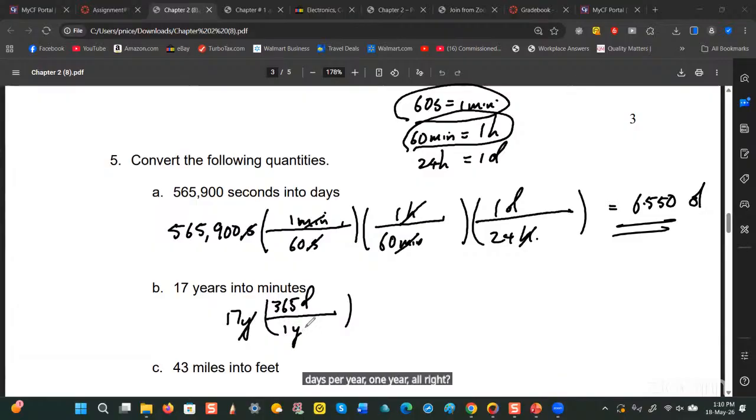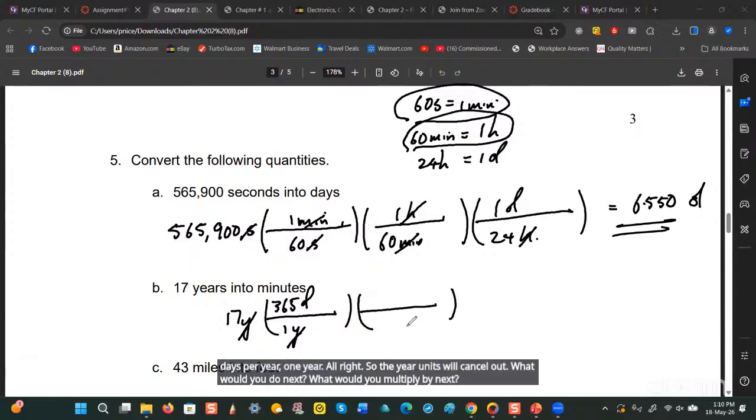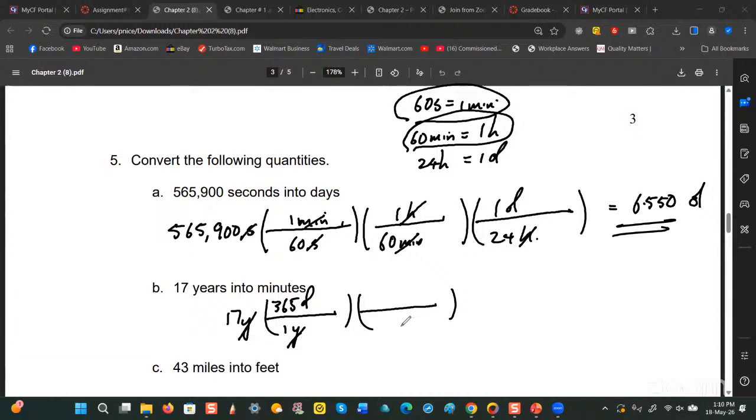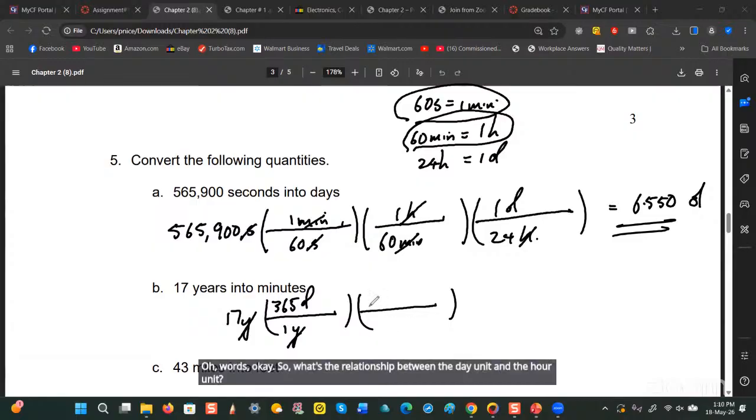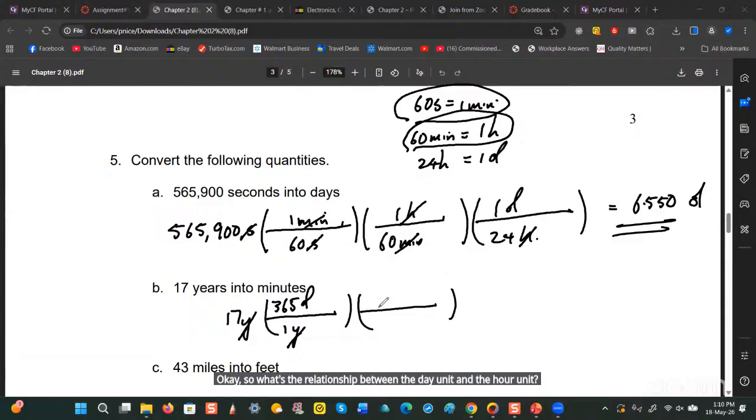So the year units will cancel out. What would you multiply by next? Days into hours. So what's the relationship between the day unit and the hour unit? 24 hours in 1 day. So this will cancel out with that.